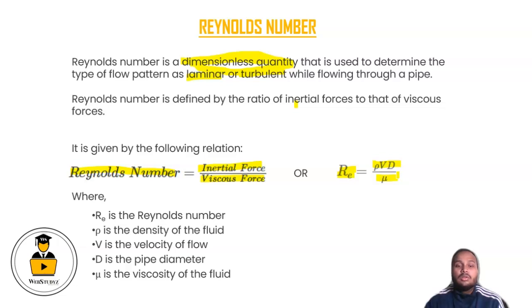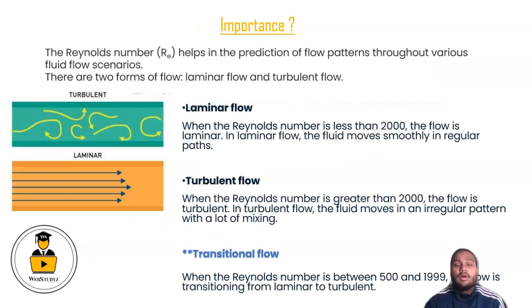Here rho is the fluid density, V is the velocity of flow, D is the pipe diameter, and mu is the fluid viscosity. Now, why is it important? It is important because Reynolds number gives us the prediction of flow pattern, whether it is laminar or turbulent flow.